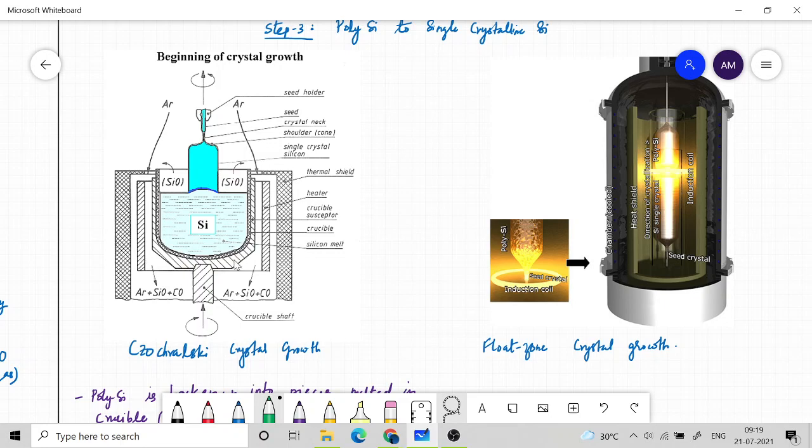The entire thing is done in an argon gas atmosphere, because argon is much better than the ambient atmosphere. Argon is inert and will not react with silicon, so no such compound will be formed. Keeping it in a vacuum is another option, but it is even better to keep it in an inert gas atmosphere.